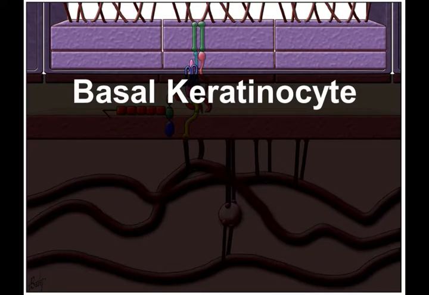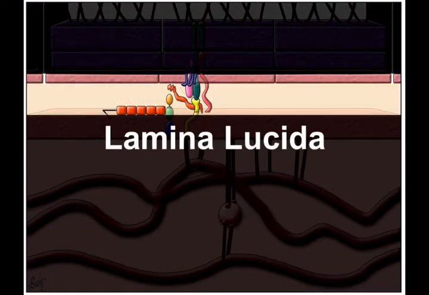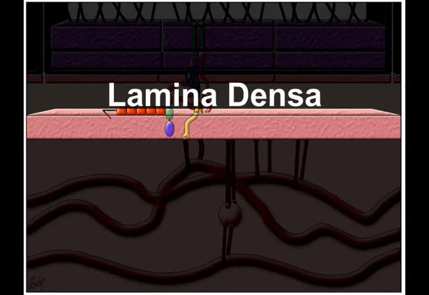The basal keratinocyte sits above the basement membrane zone, and various of the components are actually intracellular components. Below that is the lamina lucida. Below that, the lamina densa, visible as a dense line in electron microscopy.